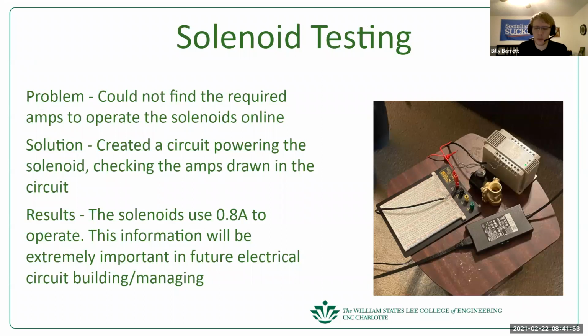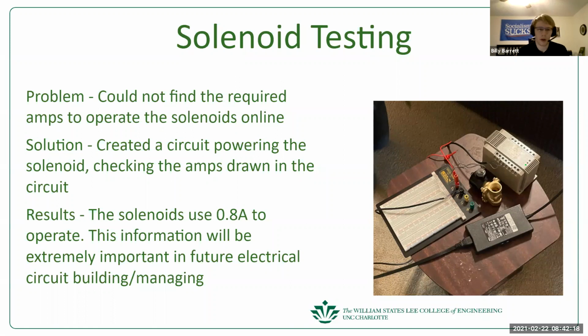This is what we did in person last week. We did some solenoid testing. The problem that we had, first of all, was that we couldn't find the required amps to operate the solenoids online. The data sheets were kind of rare for some reason, and we couldn't find much on the model number. So we decided to do a little testing of our own, a little bit of engineering.